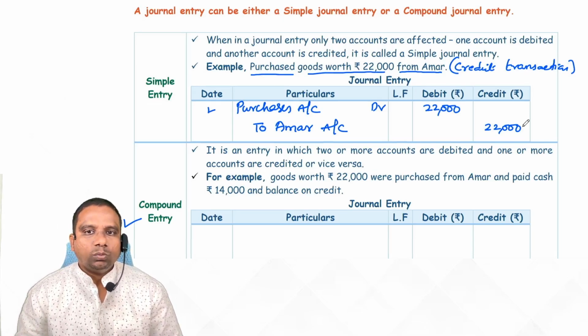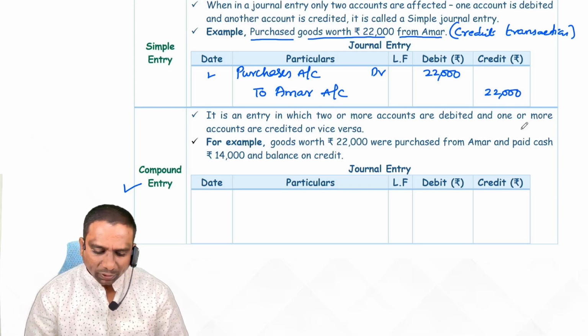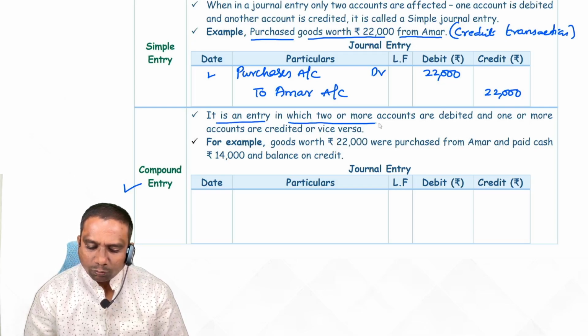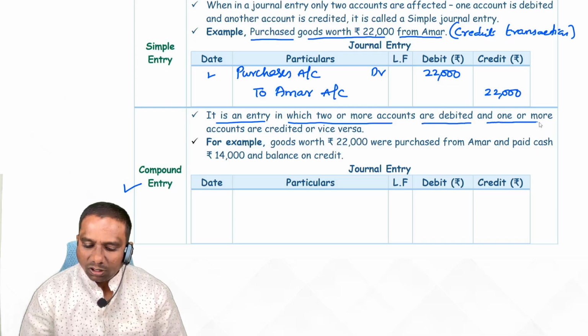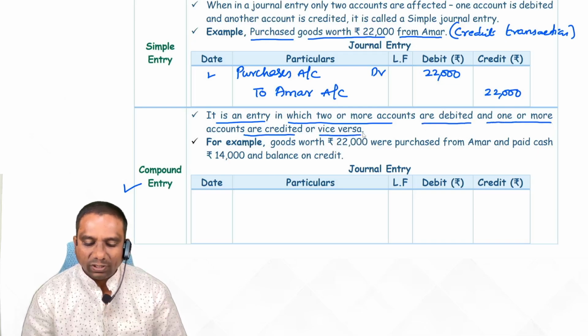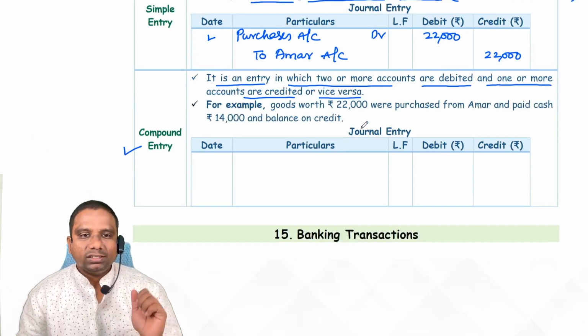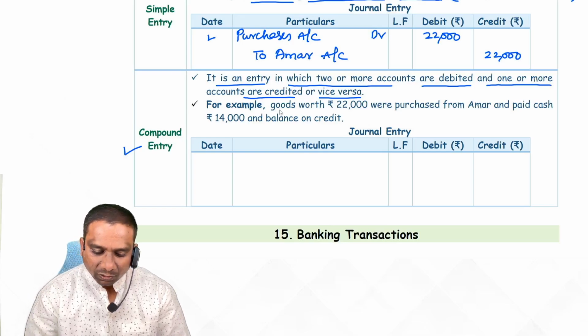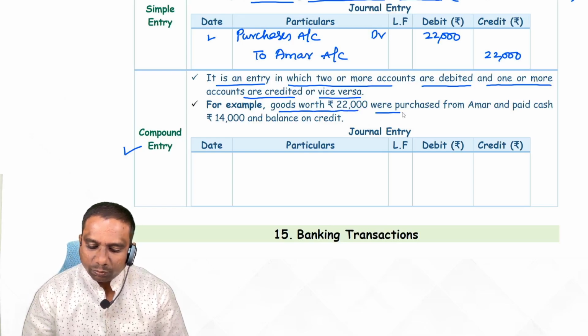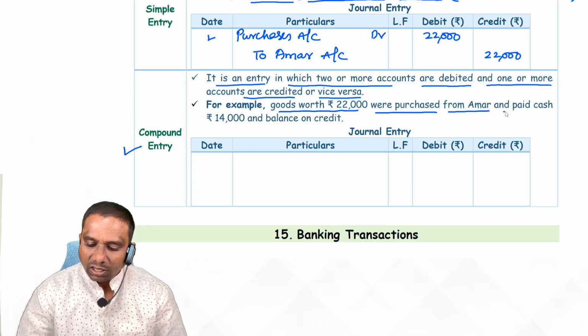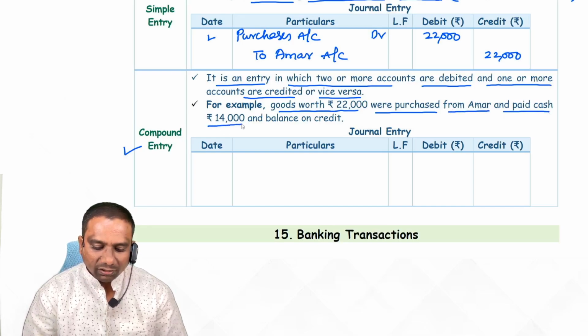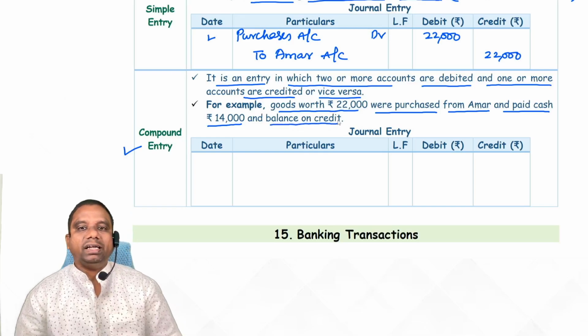Now come to compound entry. It is an entry in which two or more accounts are debited and one or more accounts are credited, or vice versa. What does that mean? First look at this example, then you can understand the concept of compound entry. Goods worth 22,000 were purchased from Amar and paid cash 14,000 and balance on credit.